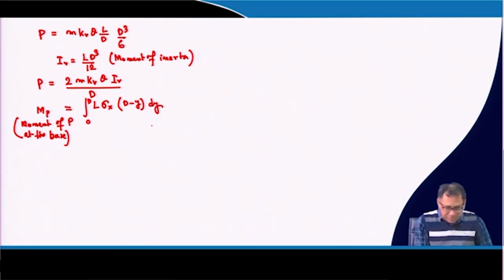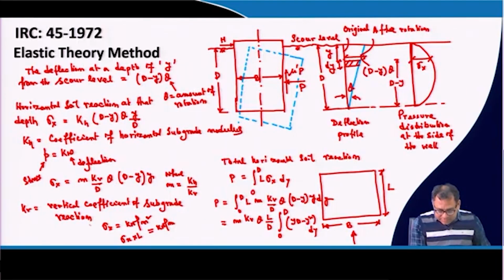So, we will get the total moment because of this P at the base. We can write sigma x as this value, m k v d theta.